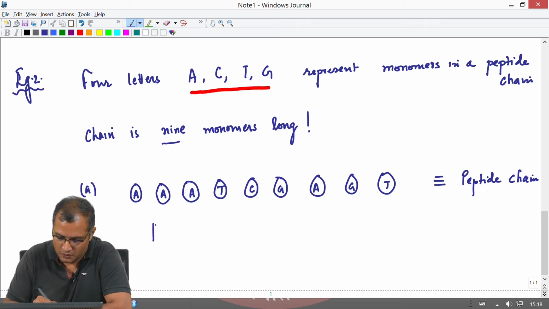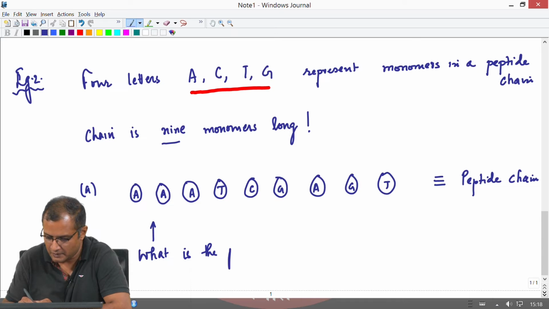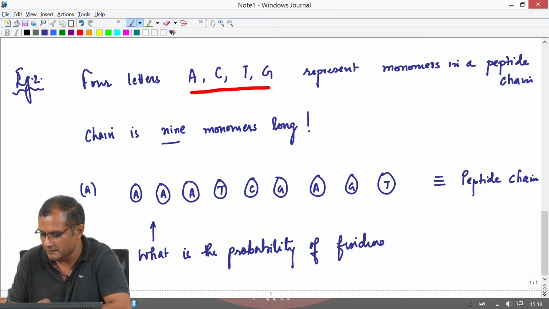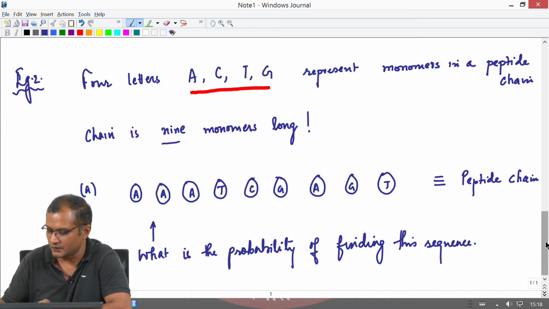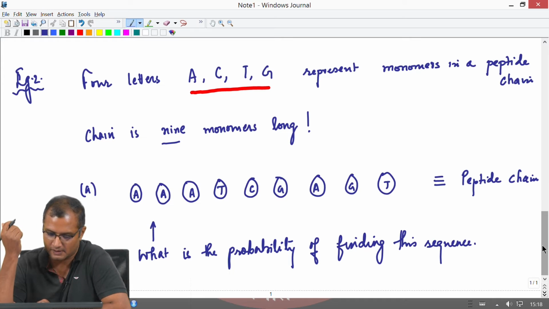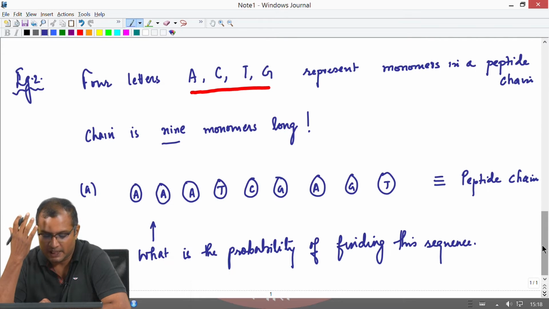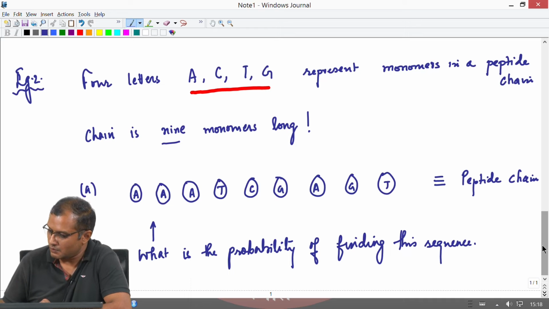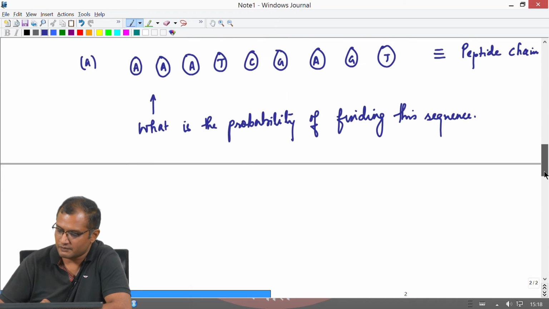So, what is the probability of finding this sequence? Now, you can construct a very large number of sequences. Of these large number of sequences, one of the sequences in front of you is A, A, A, T, C, G, A, G, T. What is the probability of finding this sequence out of those very large number of sequences?